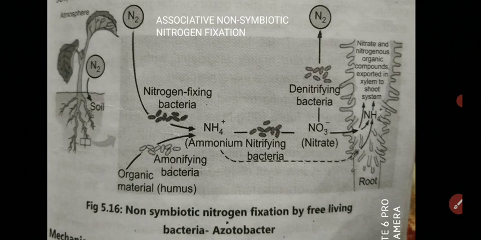Its activity is 10 times more than the MoFe nitrogenase enzyme. The nitrogen fixation by Azotobacter is an associative type with different types of plants. Many other free-living bacteria like Azospirillum, Klebsiella, Bacillus, Pseudomonas, Azotobacter also fix nitrogen by this method of associative nitrogen fixation without the formation of differentiated or spatial structure.